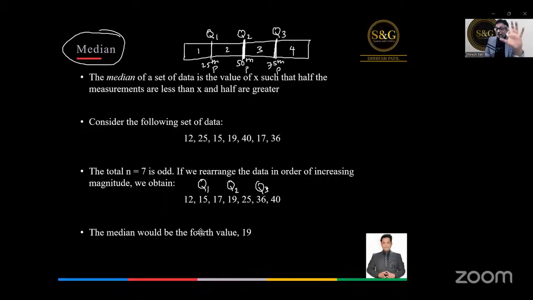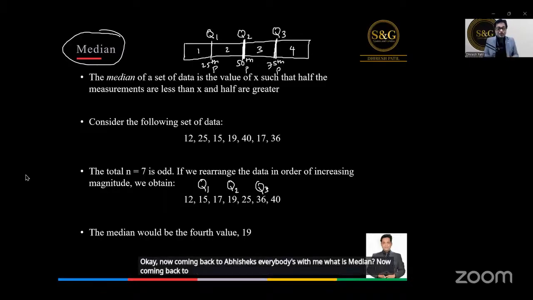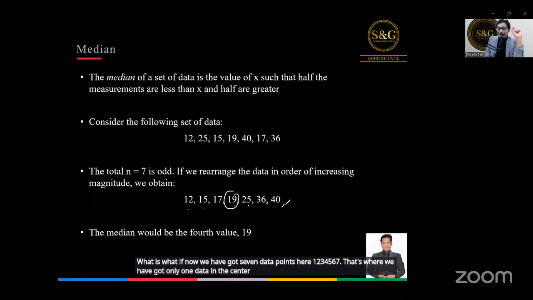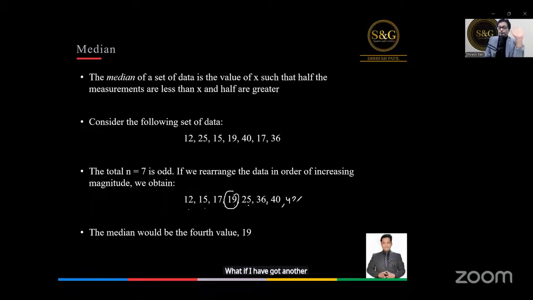Now coming back to Abhishek's brilliant question: what is the median if we have 7 data points, 1, 2, 3, 4, 5, 6, 7? There we have only one value at the center. What if I have another value here, 42?